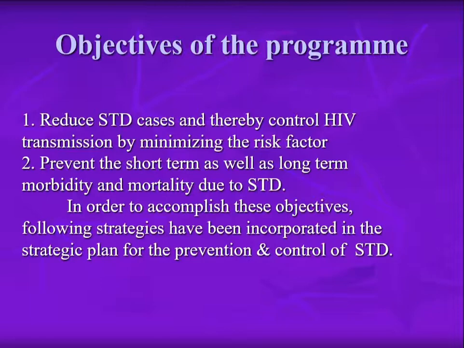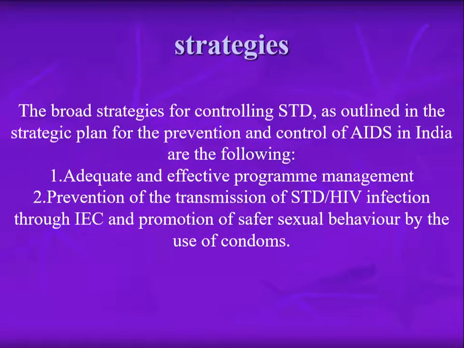In order to accomplish these objectives, the following strategies have been included in the strategic plan for the prevention and control of STDs and AIDS. One is adequate and effective program management.